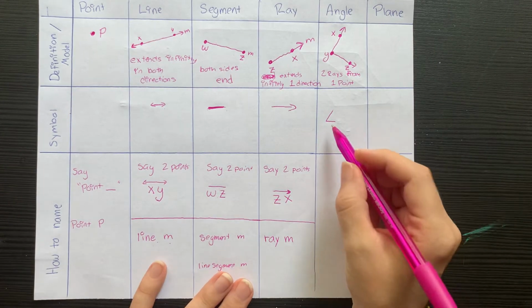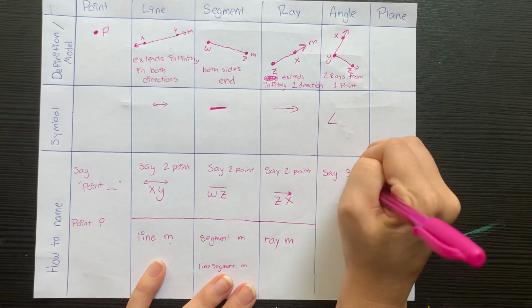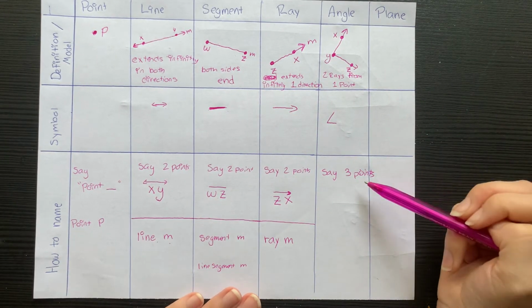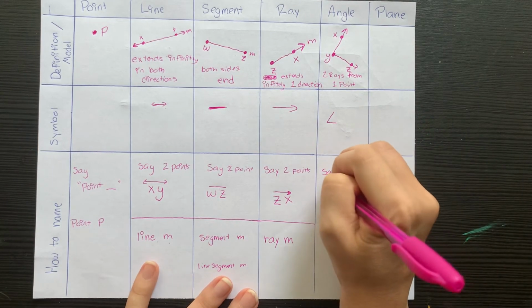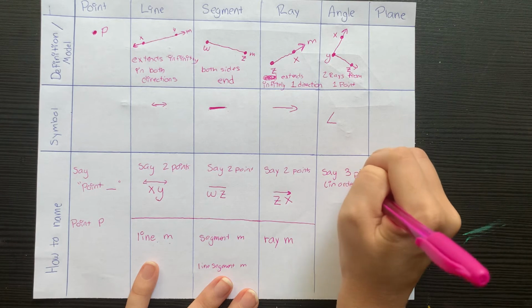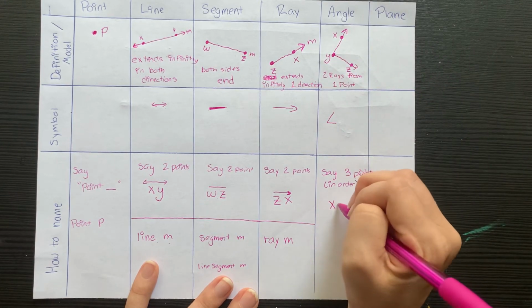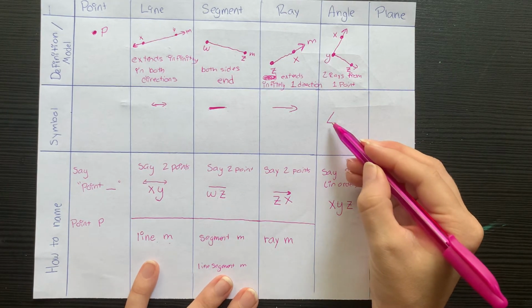When you name an angle, you're going to say 3 points. So you pick the 3 points of the angle and always go in order. So for this one, I'd go X, Y, Z. And then the angle symbol, we're not going to put it over top.